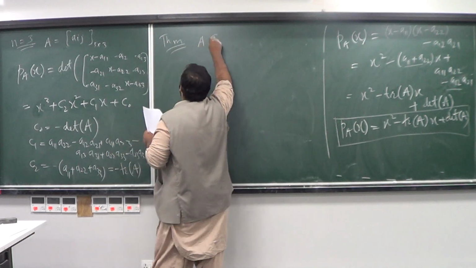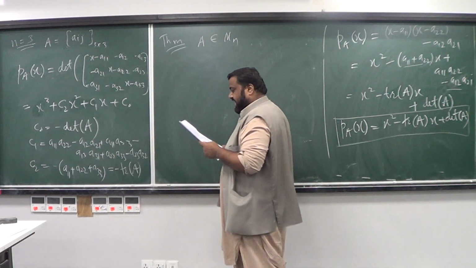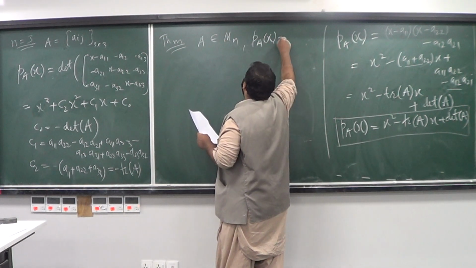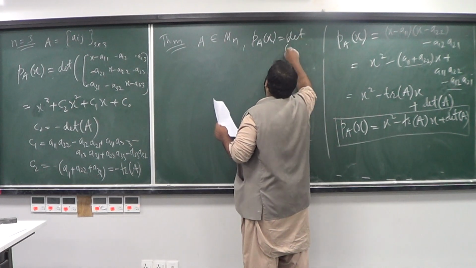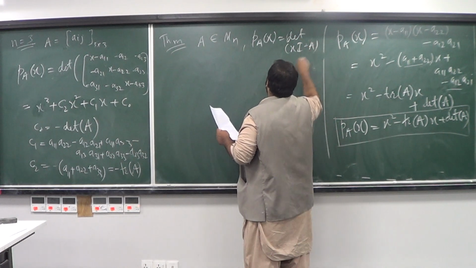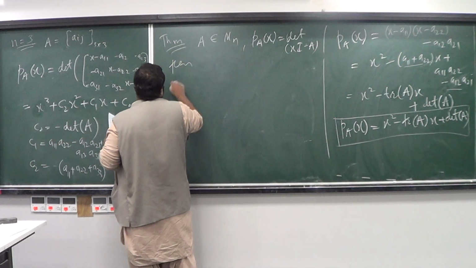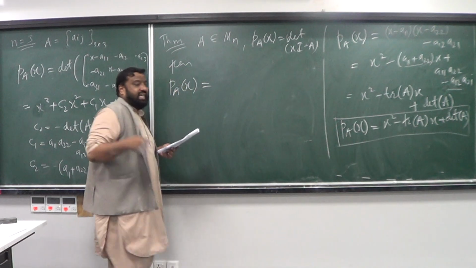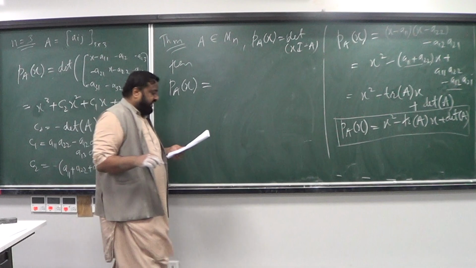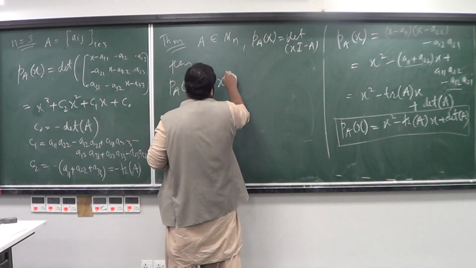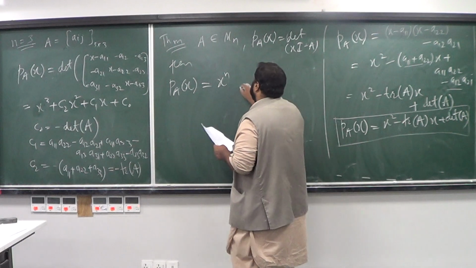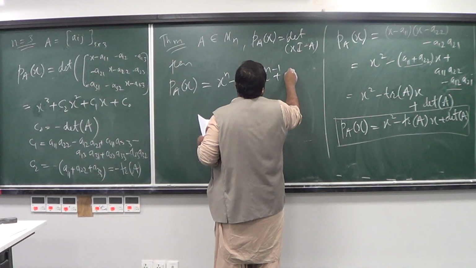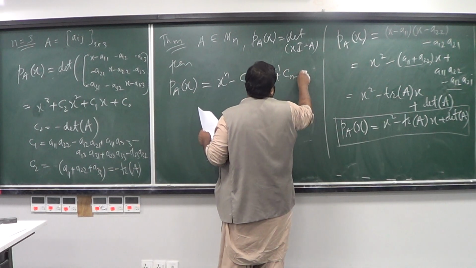It says that if you have an n by n matrix and the polynomial P of x means the determinant of xI minus A, then this polynomial P of x is going to be an nth degree polynomial that has this form. Its first term is always going to be x to the power n, minus c(n minus 1) x to the power n minus 1, plus c(n minus 2) x to the power n minus 2.